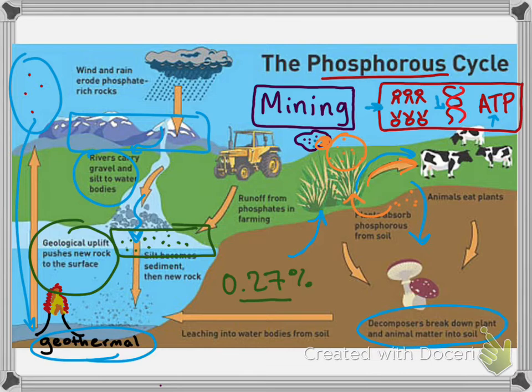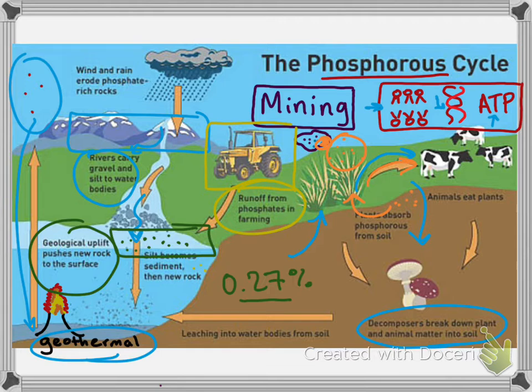So people add phosphorus to their fertilizers to meet the needs of their agricultural demand. But this fertilizer is carried off in runoff, and then that can actually get into waterways.